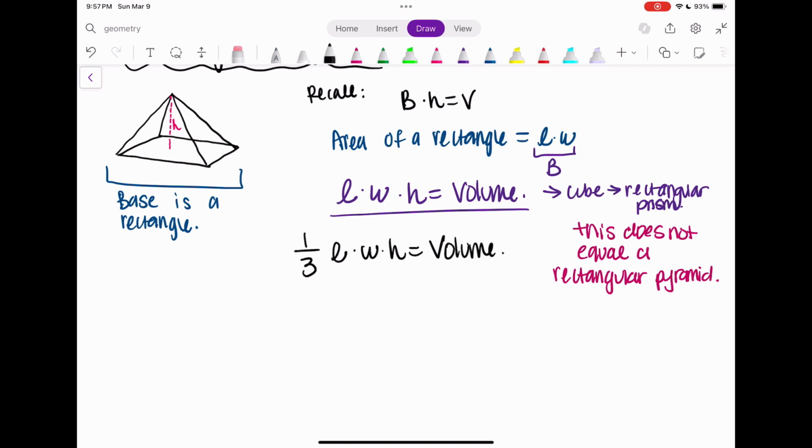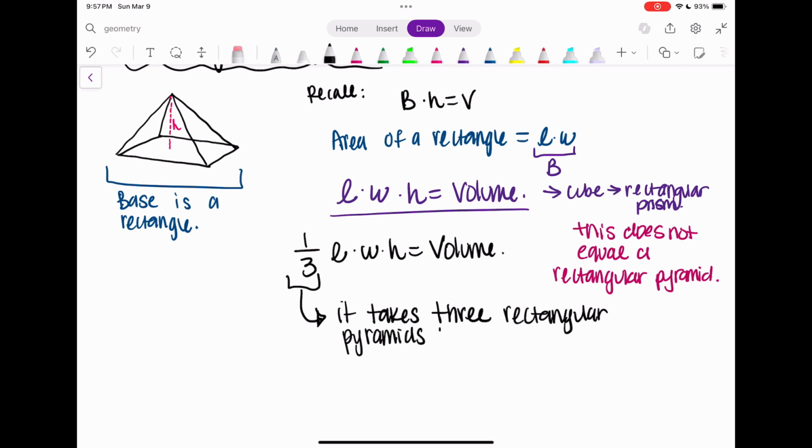And just like the cone, we're saying that it's 1/3 because it takes 3 of these rectangular pyramids to create a cube. It's similar to the cone because for our cone, we need to take 3 cones in order for it to complete a cylinder.